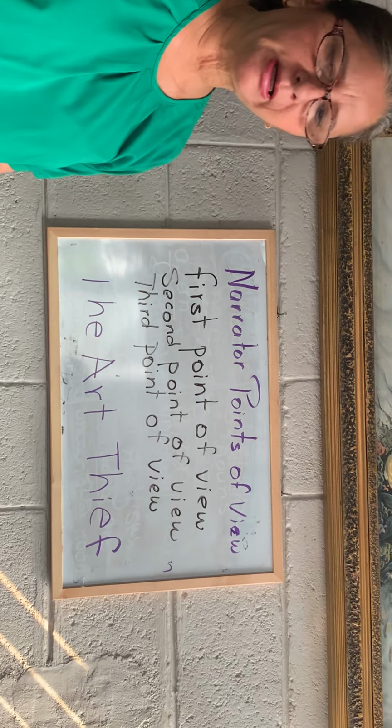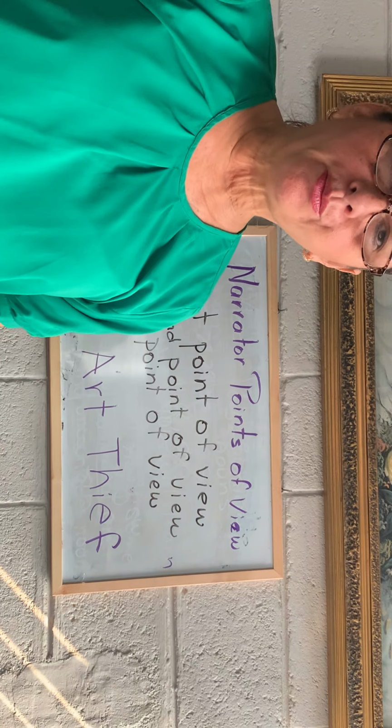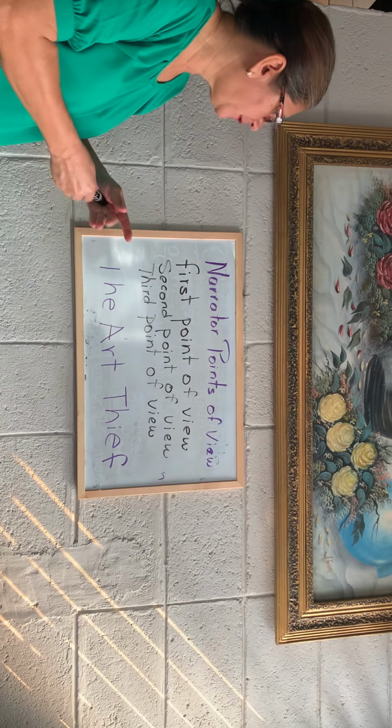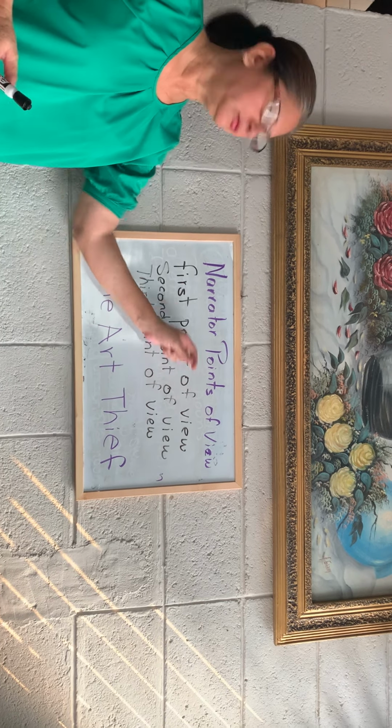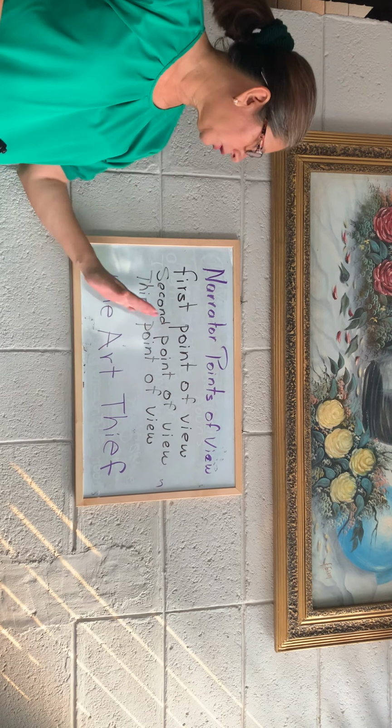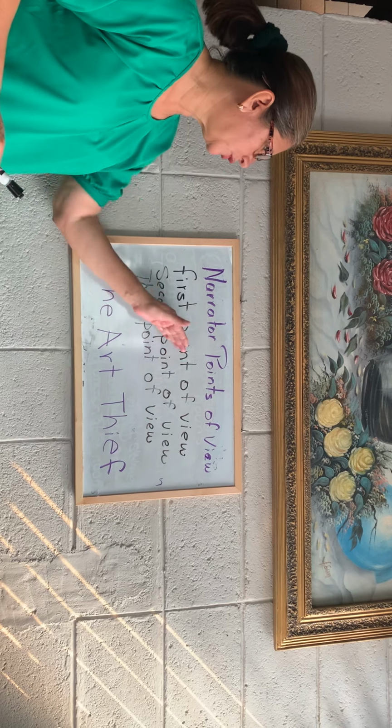Okay, don't forget that point of view is the way the author presents the narrator recounting the events in the story. And the narrator can use first point of view, second point of view, and third point of view. I'm going to explain what first point of view is.